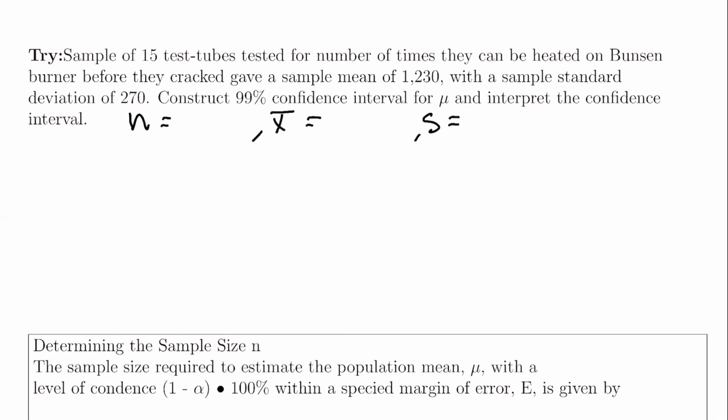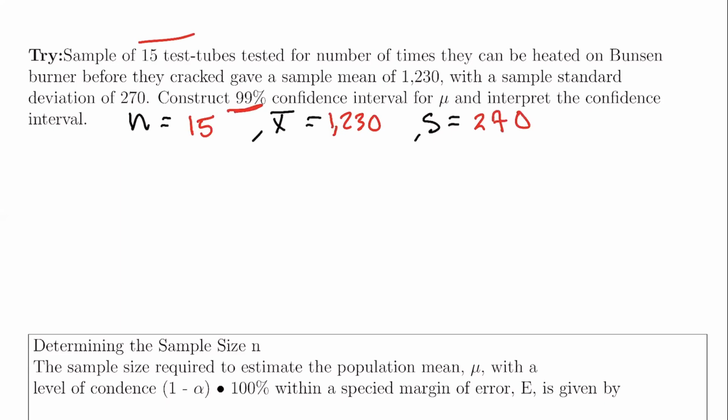All right, so let's do this one. For n, you should have gotten 15, because that's how many burners they're testing. For the sample mean, they say the average time that it cracked was 1,230, and the sample standard deviation was 270. And the confidence level is 99%.